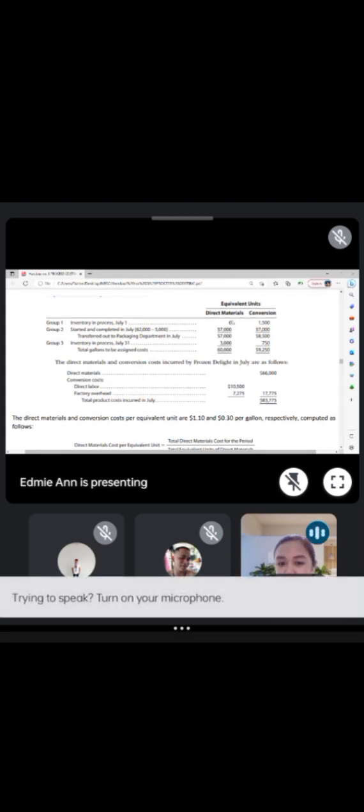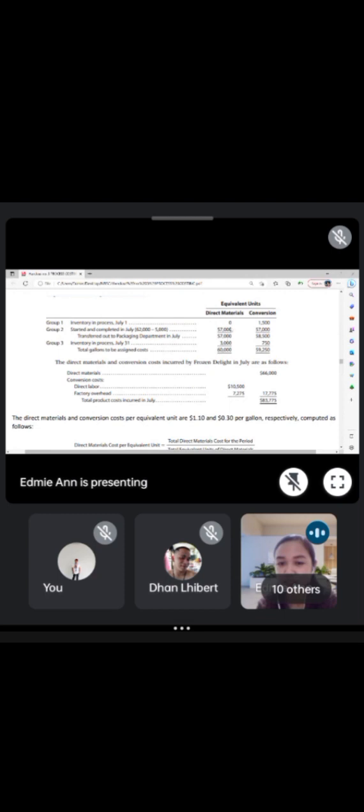As to conversion cost, the beginning is only 1,500, and group 2, started and completed, is 57,000. So as to conversion, 58,500 units were transferred out. Transferred out means they are complete, so they can be transferred to the packaging department. Now, group 3, the ending inventory, will remain.